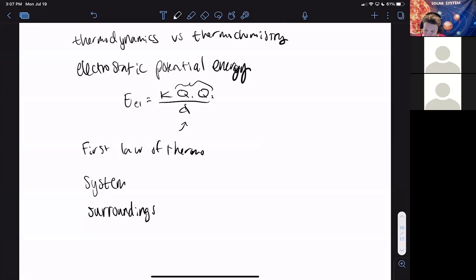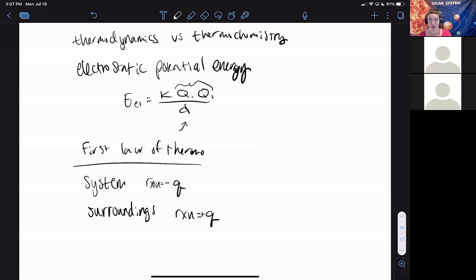Since we have the first law of thermodynamics, if heat is released by our system, which would be a negative Q, that heat had to have gone somewhere. It would go into our surroundings with a positive Q. So we have a conservation of energy.